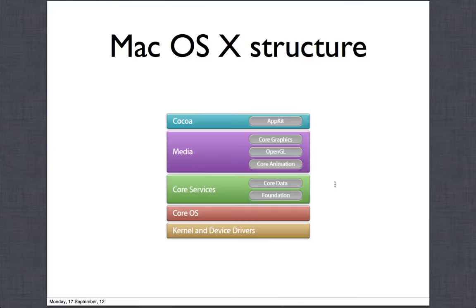Then we come to some frameworks that we touch in this course, and those are the Foundation and Core Data frameworks and Core Services. Then we have some media frameworks, and the most high-level framework called AppKit, and the API to use that AppKit is Cocoa. So the idea is, if you can, use the most high-level framework, because that means most of the stuff is written for you.